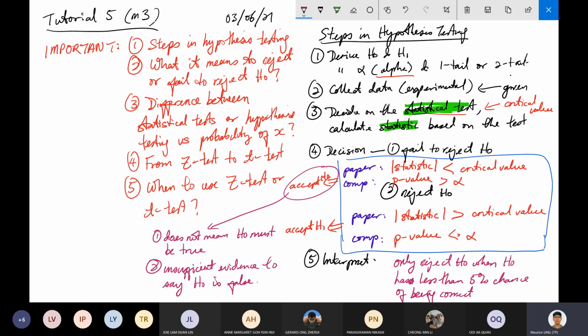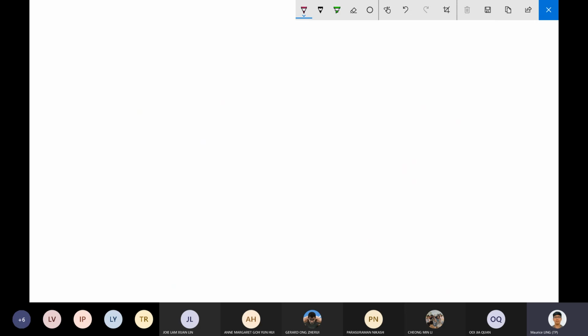Now, how is your statistical test different from the probability of X which we did last week? Last week you looked at the probability that x is larger than a value.